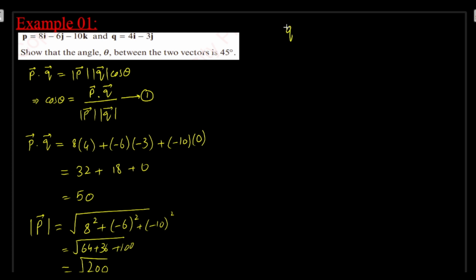Similarly, the magnitude of the vector q can be calculated as |q| equals square root of x component squared plus y component squared, and there is no z component in the vector q. This is equal to square root of 16 plus 9, that is equal to 5.